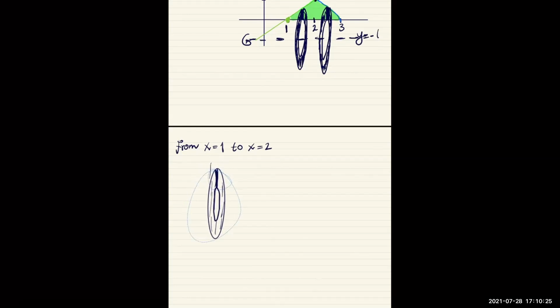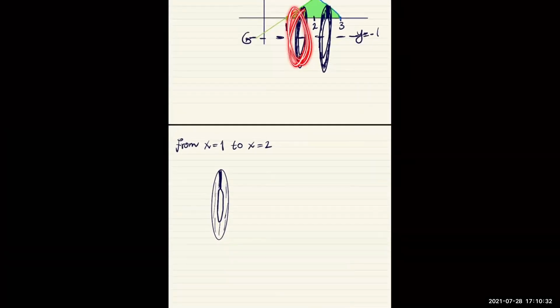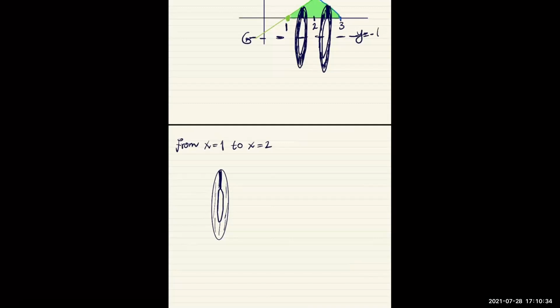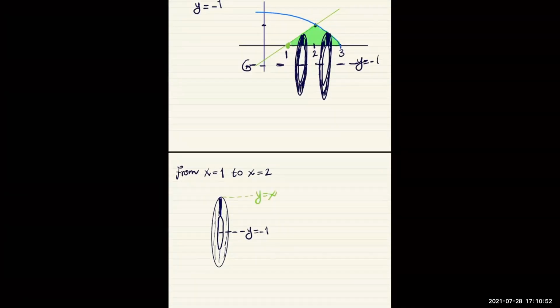All right, we are talking about this washer. Locate the center. Here's the center, y equal to -1. The outer circle, this point falls on the green graph, that's on y equal to x.